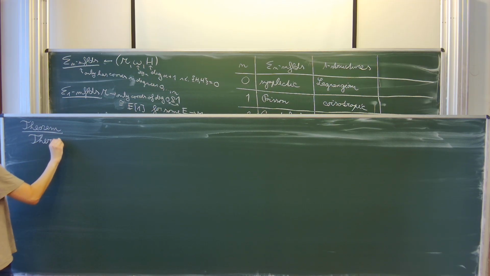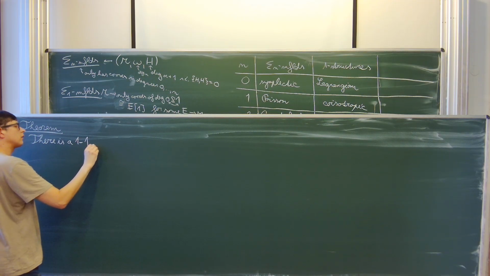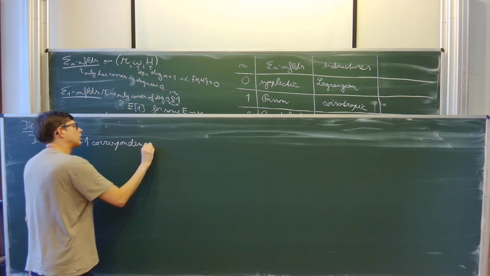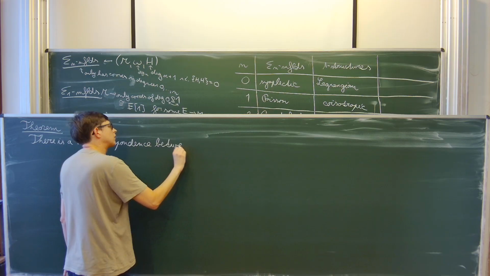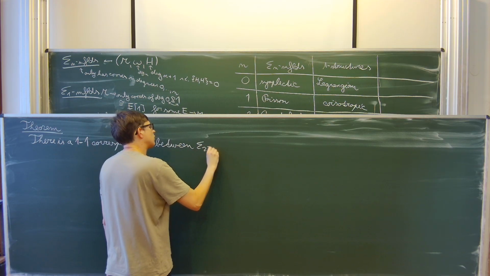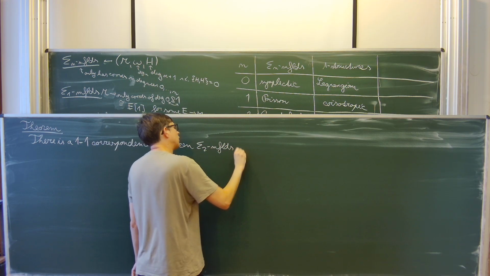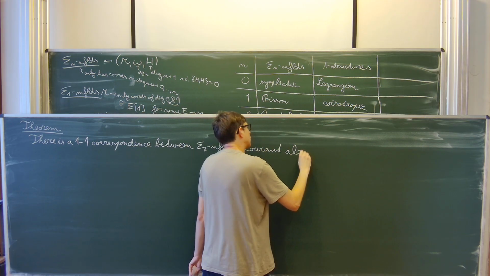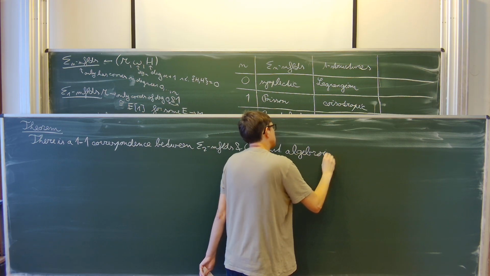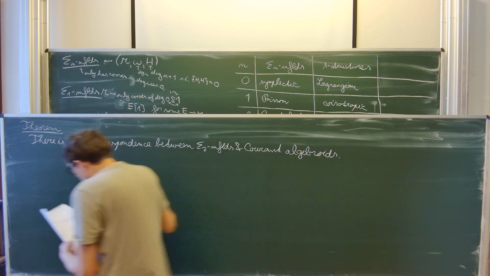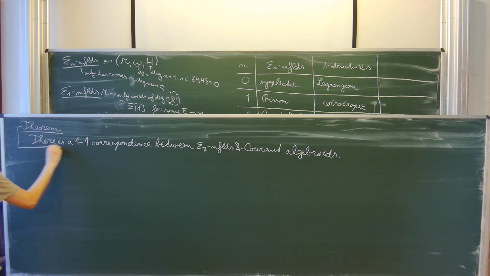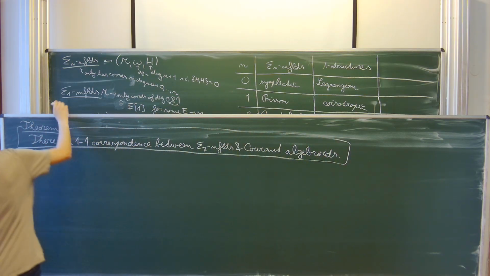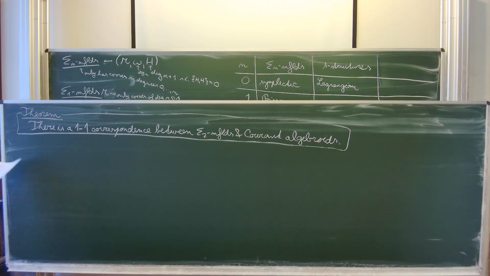There is a one-to-one correspondence between sigma 2 manifolds and Courant algebras. Again, similar to the Lie algebra case, instead of giving you a proof, let's play this game of building things out of coordinates and see why that actually works.